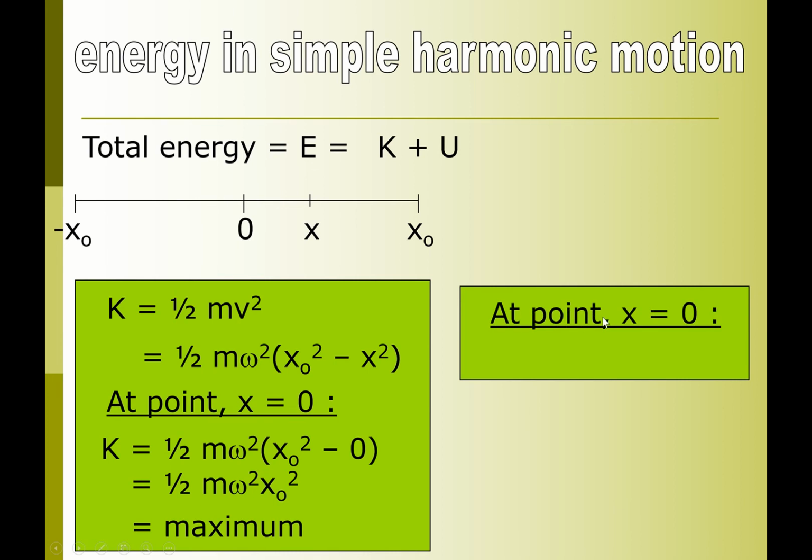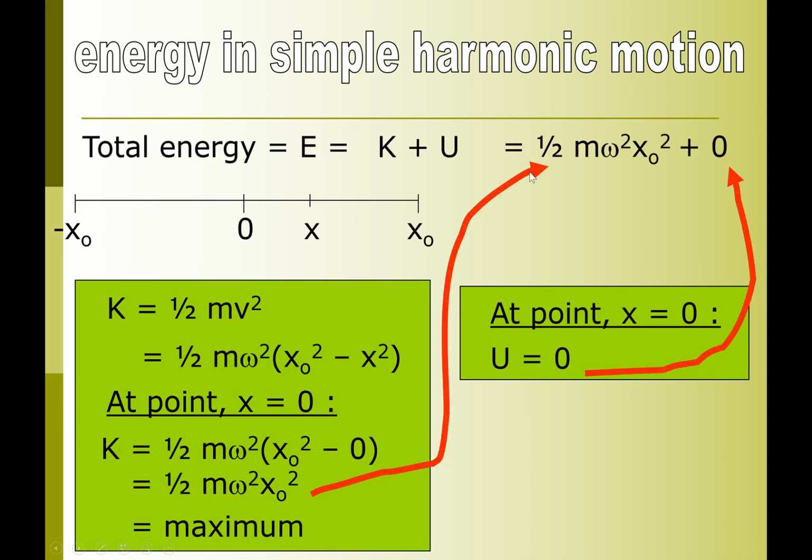At point x equals 0, the potential energy is equal to 0. So the total energy will be half m omega squared x naught squared, plus 0. So at the start, kinetic energy is maximum and potential energy is at its minimum.